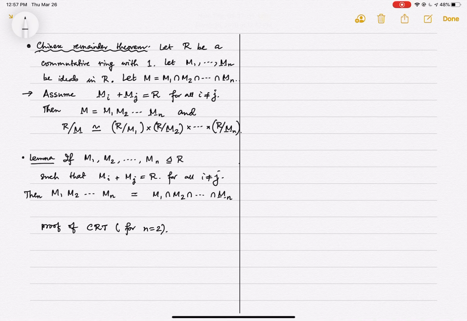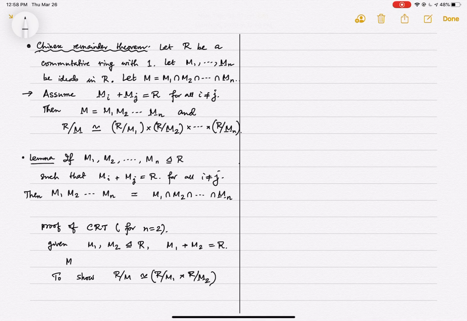I have two ideals, M1 and M2, and I know that they're co-maximal, meaning their sum is R. Then I want to show that R mod M is isomorphic to R mod M1 times R mod M2, the product ring, where M is the intersection or the product.